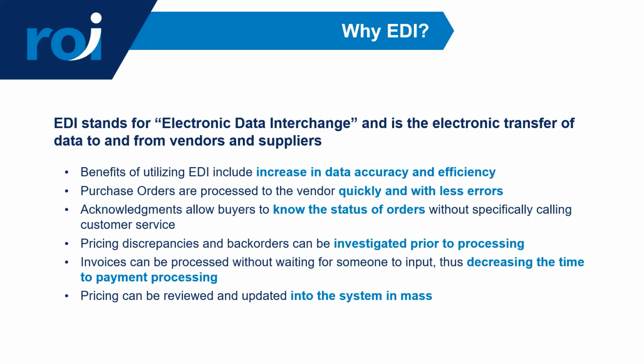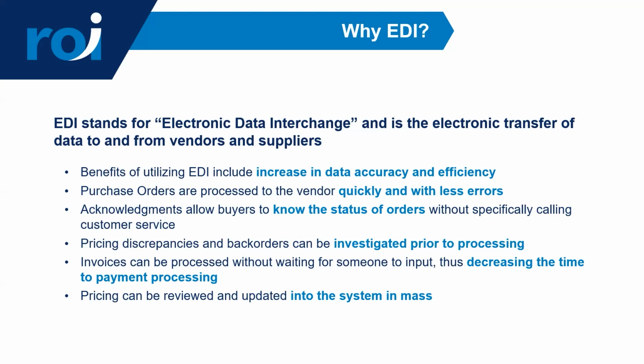When you think about invoices, the time it takes to manually input an invoice versus being able to just automatically, electronically bring that invoice into the system and make it ready for processing. Not only that, by doing EDI, you're allowing yourself to review things ahead of time. So we think about a PO acknowledgement. You get those pricing discrepancies, back order availability. You're able to investigate this prior to the process even beginning.